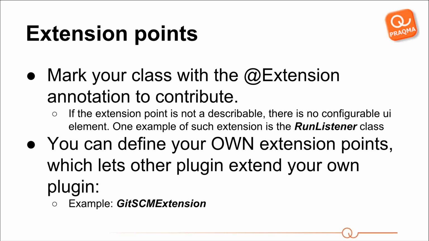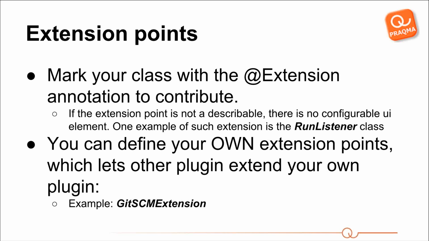So you can create a plugin that basically just adds one option, for example, to the Git plugin. That makes it very flexible. So you can design for flexibility and pluggability when you create your plugin. Keep that in mind when you create your plugin. If you want other users to easily contribute to your plugin, it's a good idea to implement it as an extension point.